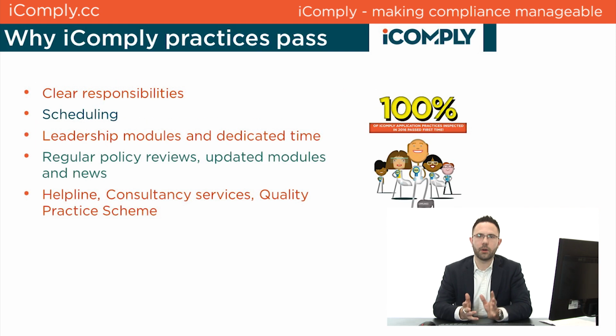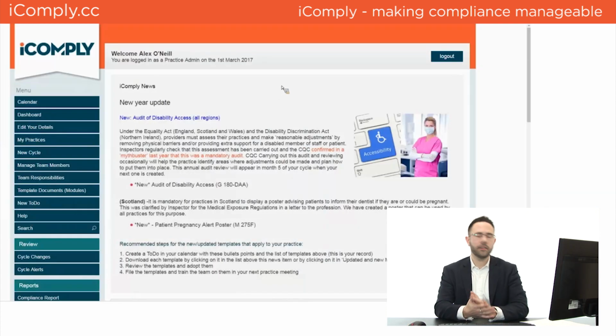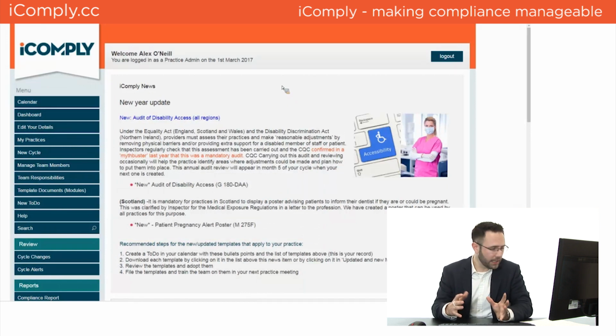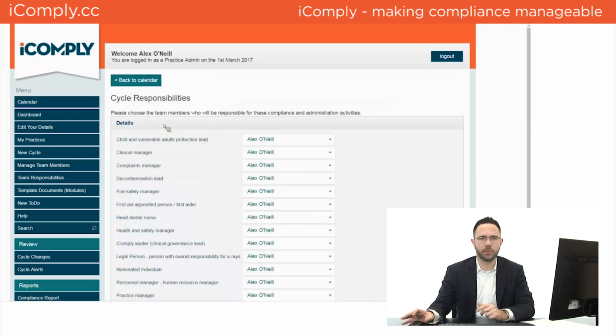I'm just going to jump into iComply quickly and show a couple of these things. Right, okay, so just really quick things. I was just mentioning that the CQC have real issues when leadership is not clear and people don't know who's responsible for what. So for those of you who don't know, in iComply we have the team responsibilities section.